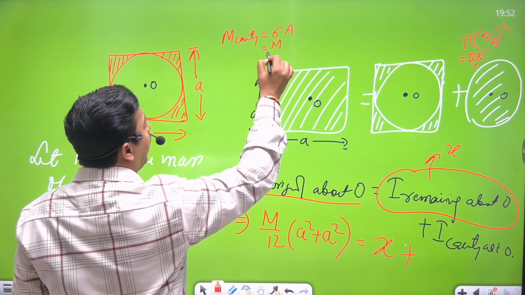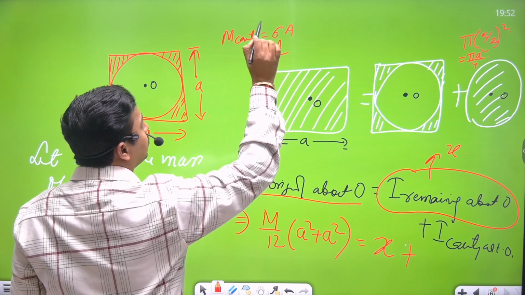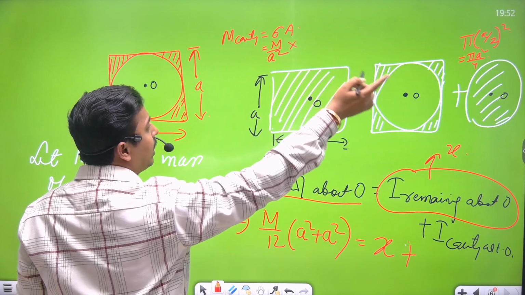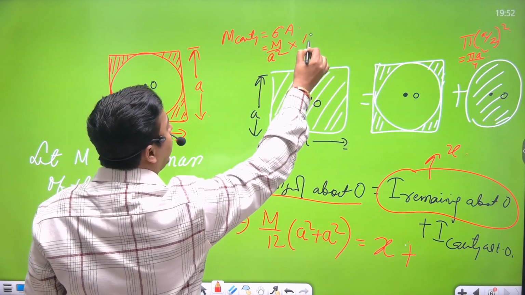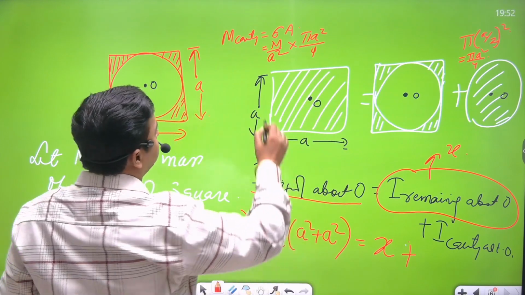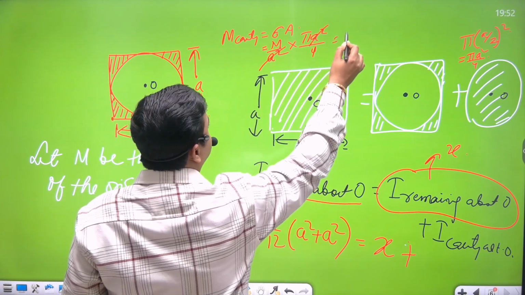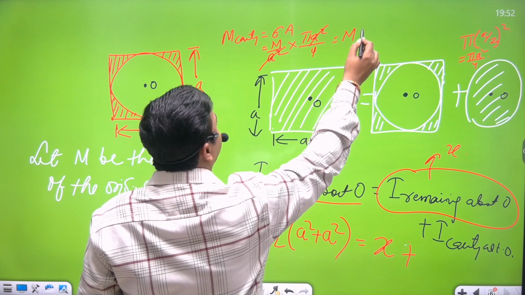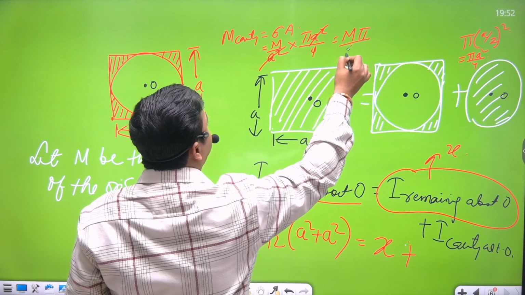Sigma is m by a square, into the area of the cavity, pi a square by 4.